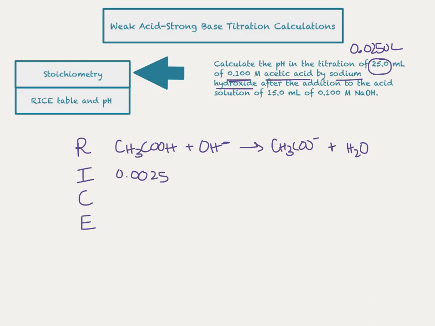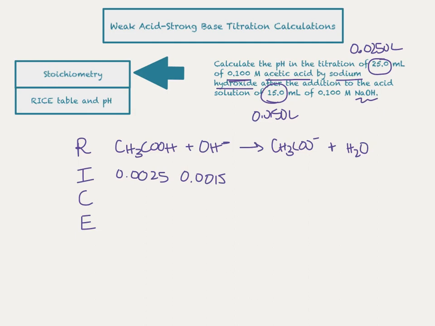Then I'll do the same calculation for the sodium hydroxide. Those 15 milliliters are the same thing as 0.0150 liters, and I'll multiply that by the molarity to get 0.0015 moles of the hydroxide.